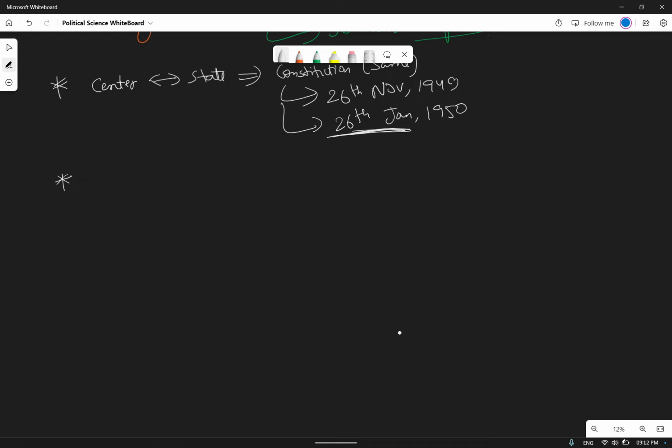Thus they decided to make 26 January 1950 their Republic Day. Not 10 years, it is 20 years, I guess. It is 1930, 26 January 1930. I guess on that day Jawaharlal Nehru decided to celebrate Swaraj.